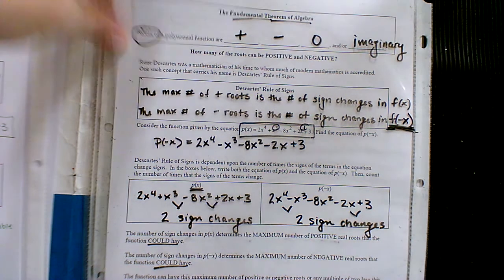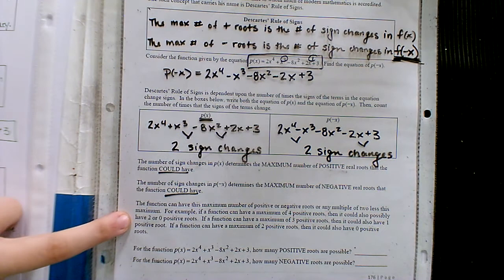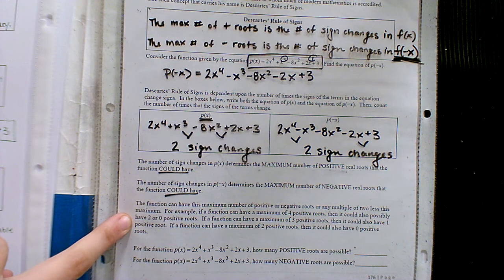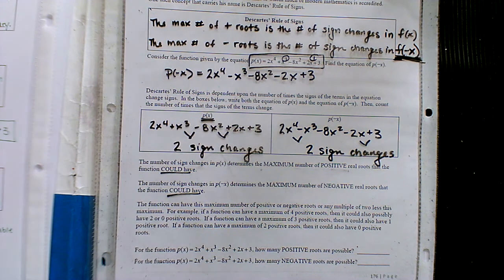That's when I want you to take the time to read this little paragraph. So Descartes' rule of signs gives you the max. How can you figure out the other options?